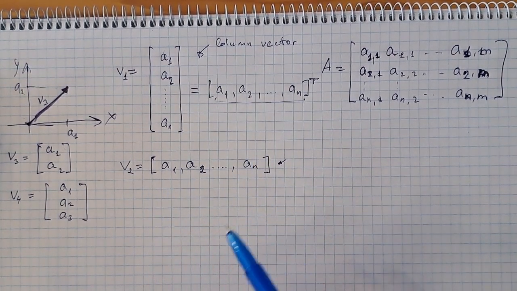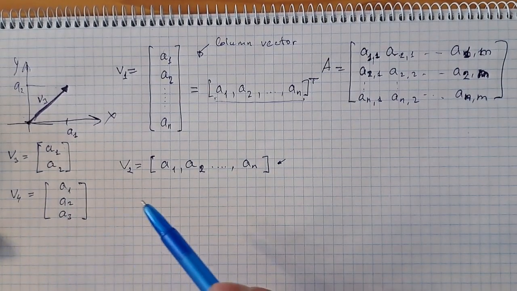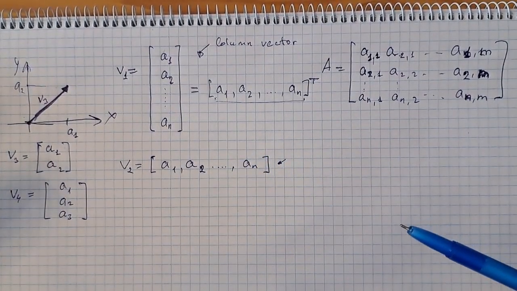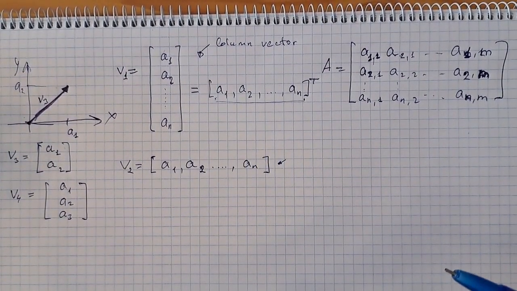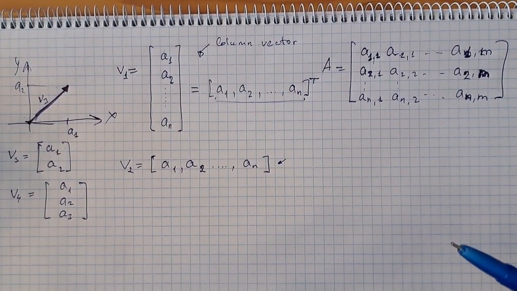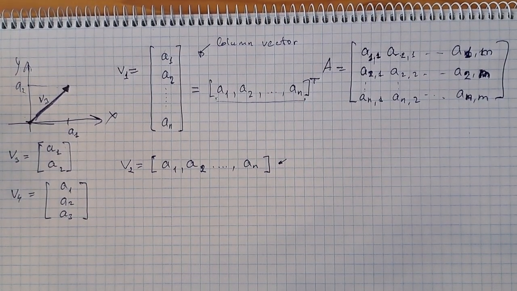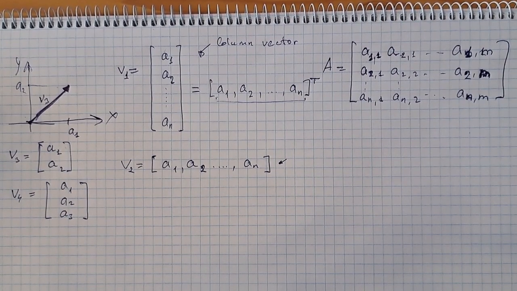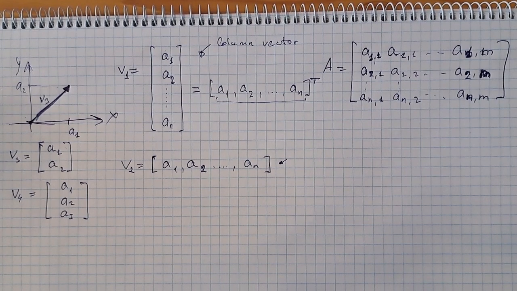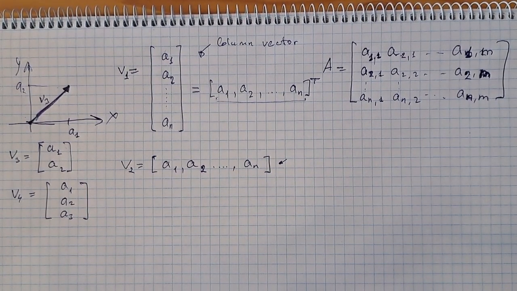But for calculations, sometimes we need more than 3 dimensions. The simplest example is space and time, right? Something can be somewhere in space at a certain point of time, but somewhere else in space at another moment of time.